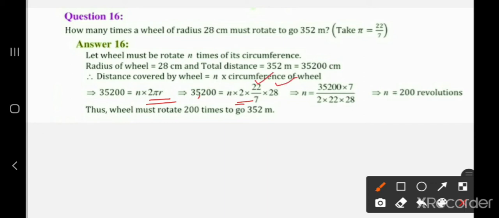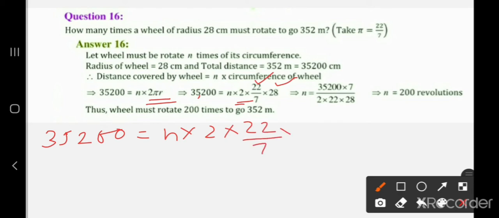Now you want to find the n value. So what you do is, the numerator goes to the denominator and the denominator goes to the numerator. Let me show you how. 35,200 is equal to n into 2 into 22/7 into 28. N only we should find.